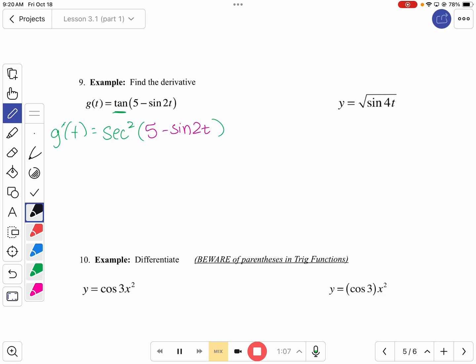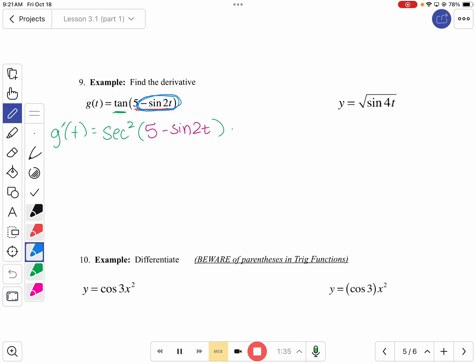Now, here's where it gets a little tricky. When I get in there to take the derivative of that inside stuff, the derivative of 5 is not a big deal, right? What's the derivative of 5? 0. But if I look at that negative sine 2t, that's another composition right there. And so who is my outside on that piece? Negative sine.